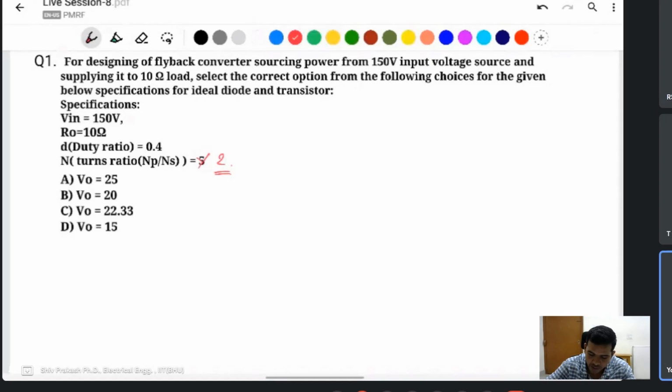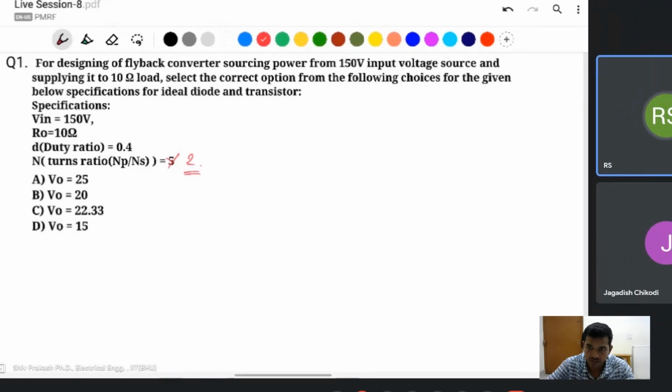You know about flyback converter? Flyback converter works like a buck boost converter. And this is a step down transformer, right? Yes. Mainly flyback converter is used for the isolation purpose.